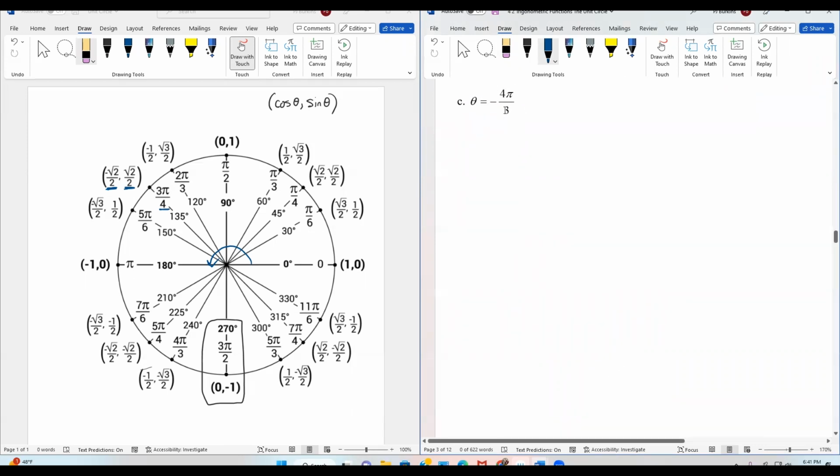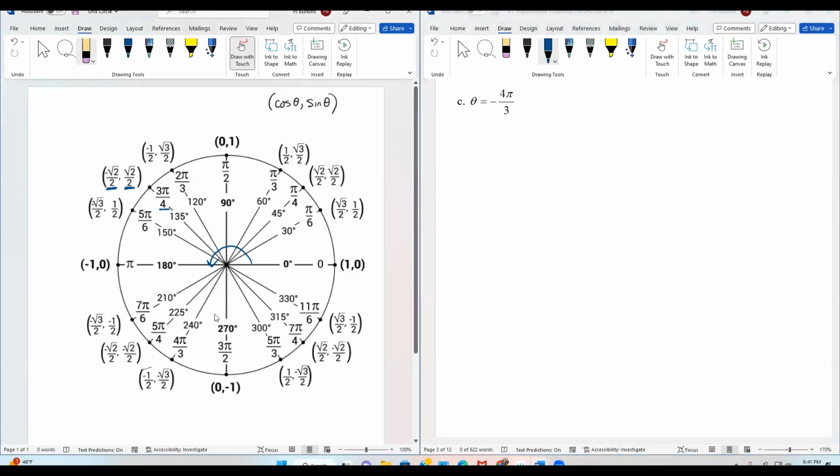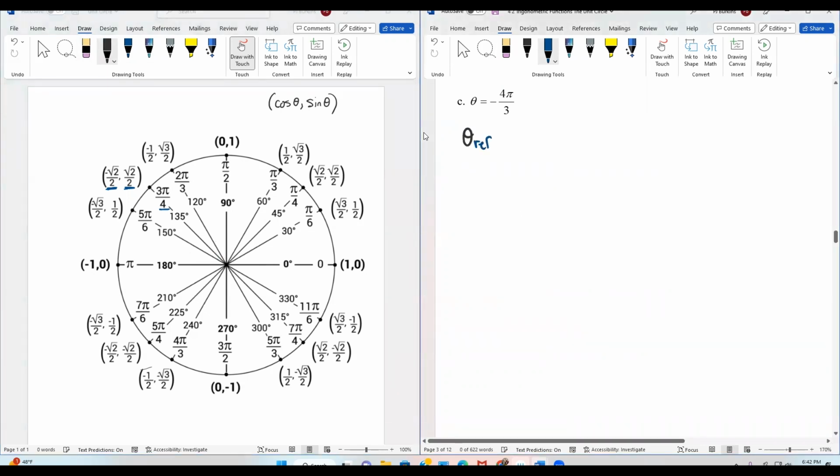So this one's interesting because it's a negative angle. Obviously, the unit circle doesn't have negative angles directly on it. So let's add 2 pi to this. Let's call it a reference angle, which is 2 pi minus 4 pi over 3.